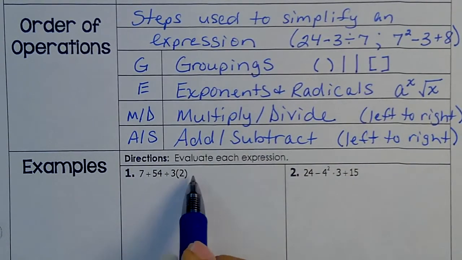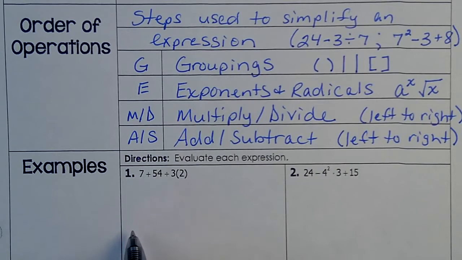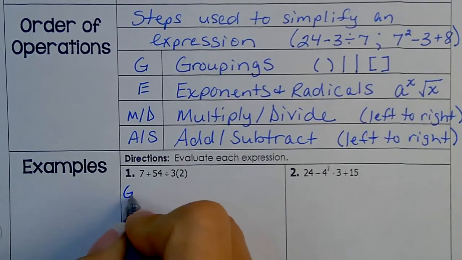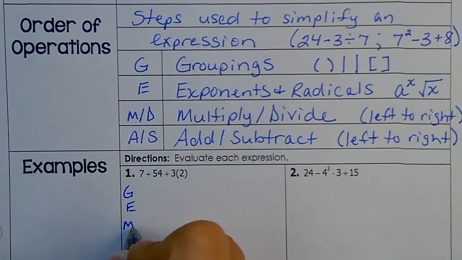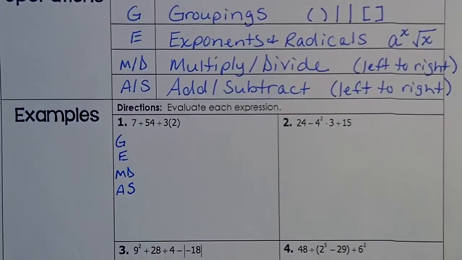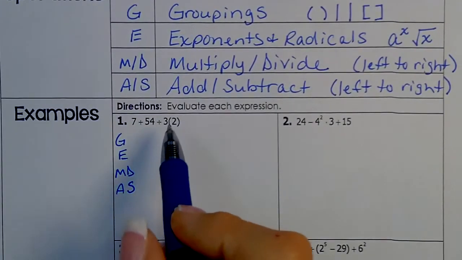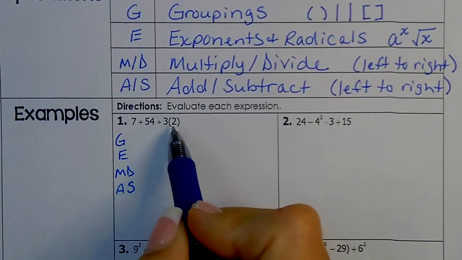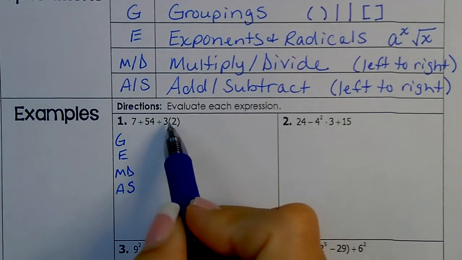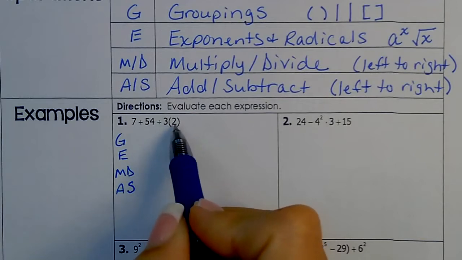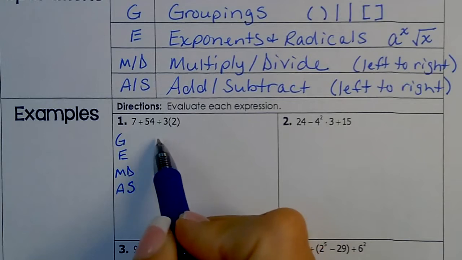All right, we're going to evaluate each of these expressions using our steps. So I'm going to list my steps on the side. We're going to start with G, looking for any groupings. Now I see parentheses, but in this case, the parentheses are used to represent multiplication, not a grouping.